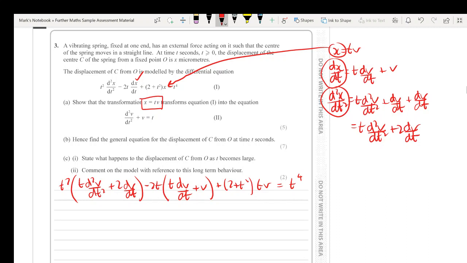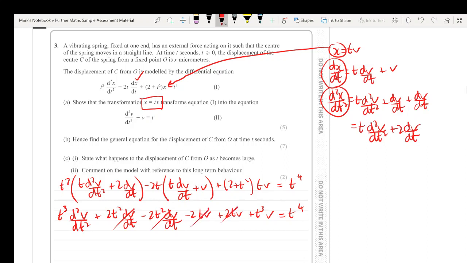Okay, so I'm going to expand that out, which is t cubed d2v/dt squared plus 2t squared dv/dt, minus 2t squared dv/dt, which cancels, minus 2tv, and then plus 2tv, which also cancels, plus t cubed v is t to the power of 4.